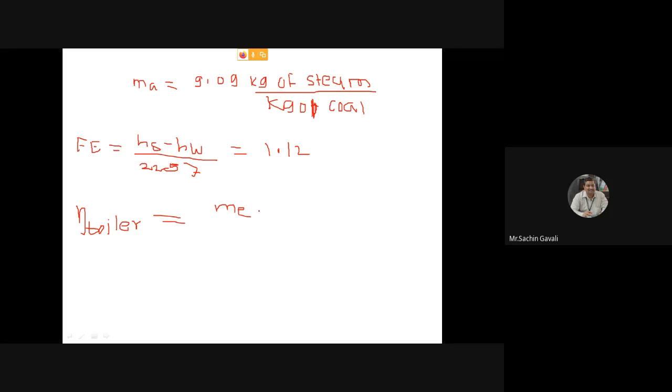ME into bracket HS minus HW, divided by calorific value. Now everything is known and efficiency is coming as 66%. I want everybody to solve this problem and then write your answer. Then we'll proceed to the next numerical.